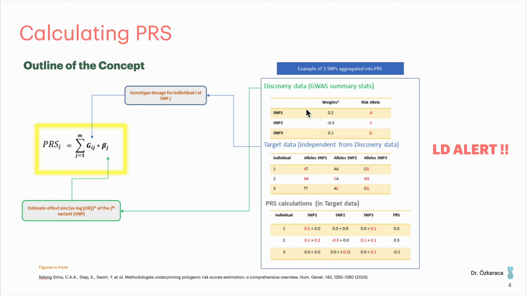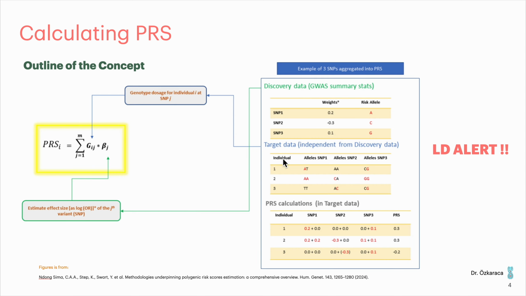And these two cohorts have to be taken from the same population. I will explain why this is important in the next couple of slides when we talk about population bias. But the idea is that when you have the GWAS results from the discovery cohort, you have different SNPs, and you know the risk alleles and their effects, which are the weights.